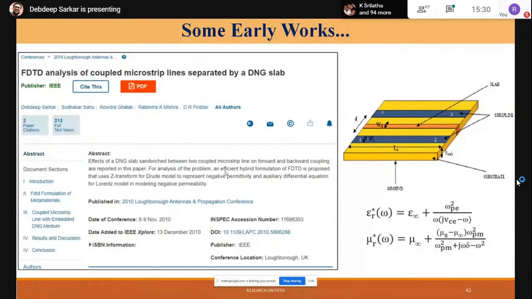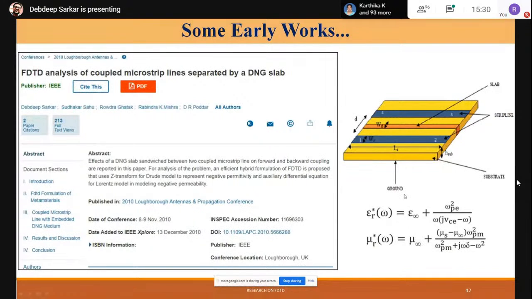I wrote some codes in MATLAB, taking cue from the book of Sullivan, which I'll mention later also. We used that code to analyze coupled microstrip lines, and we sandwiched the slab with media which were double negative or dispersive.